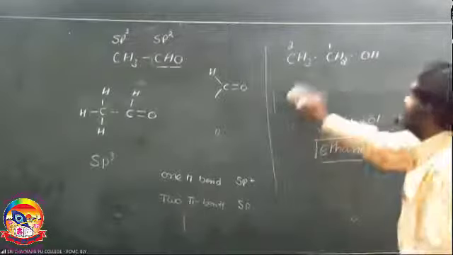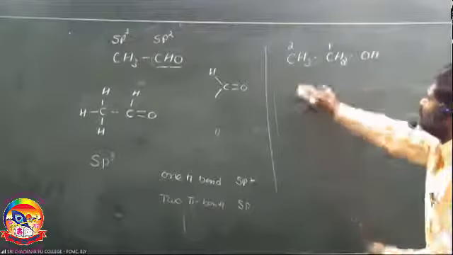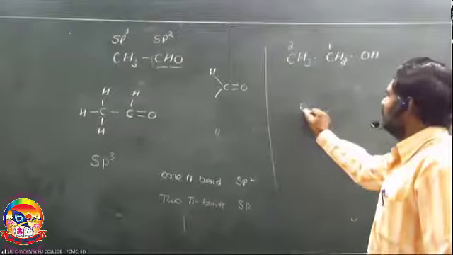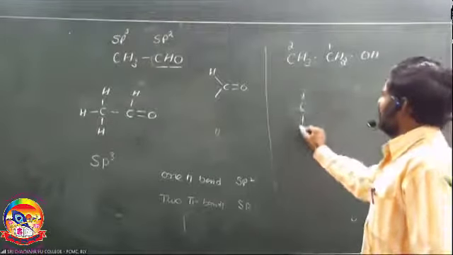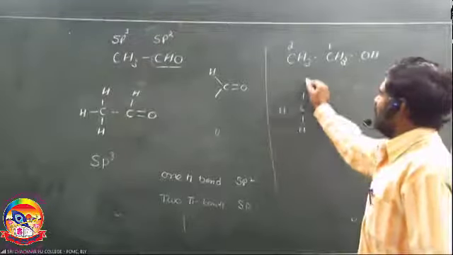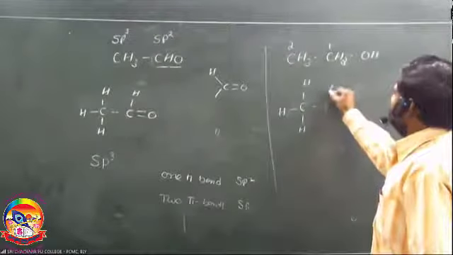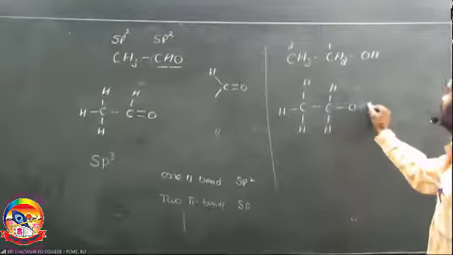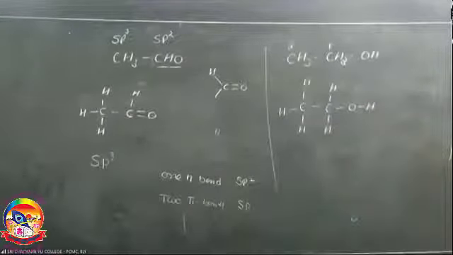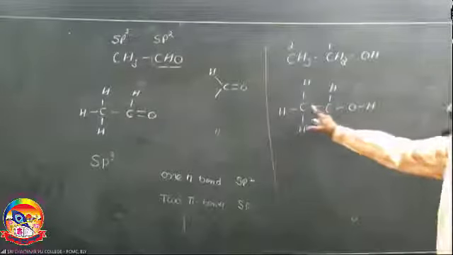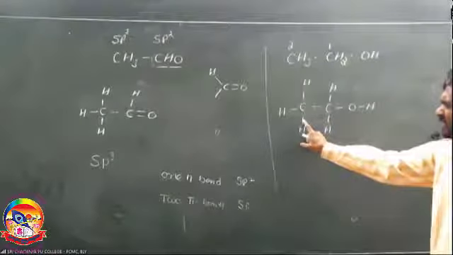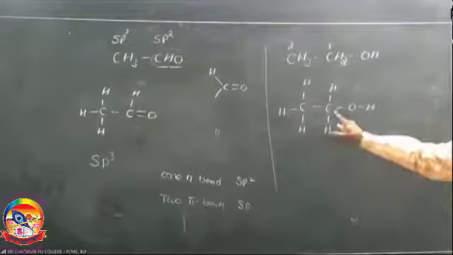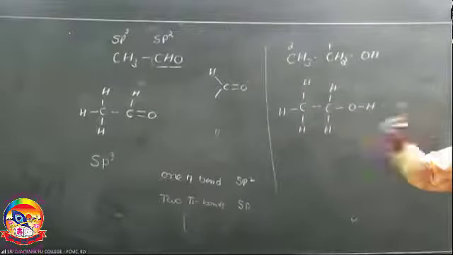Next, take ethyl alcohol. What is the hybridization of carbon atoms in ethyl alcohol? It is CH3, this carbon attached with 3 hydrogens. Next one is CH2, next to OH. Tetravalency of this carbon is satisfied by only single bonds, 1, 2, 3, 4. Tetravalency of this carbon is also satisfied by only single bonds.